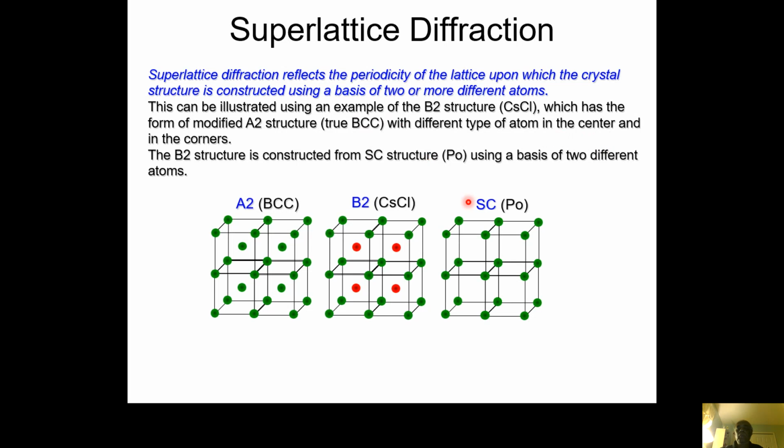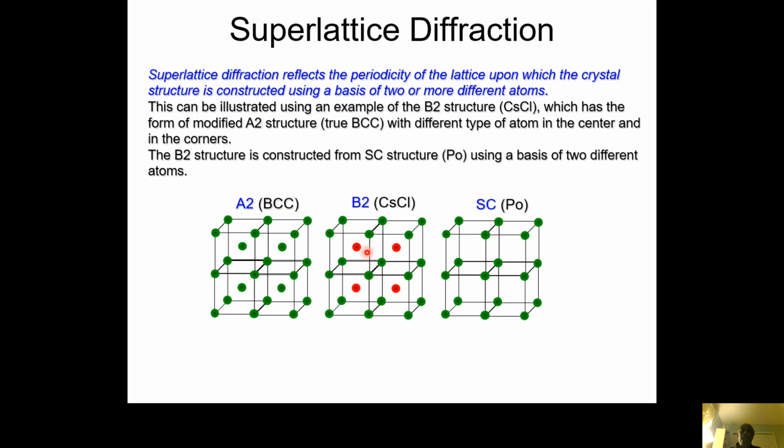So this is what I was trying to explain to you. If you take polonium, this is a real simple cubic structure. If you take this A2 structure, this is a real BCC structure because all the atoms are the same, but one is at the center. This is the B2 structure. It looks like a BCC structure, but this is more like a simple cubic structure, but in your basis, you have this 2 atom basis.